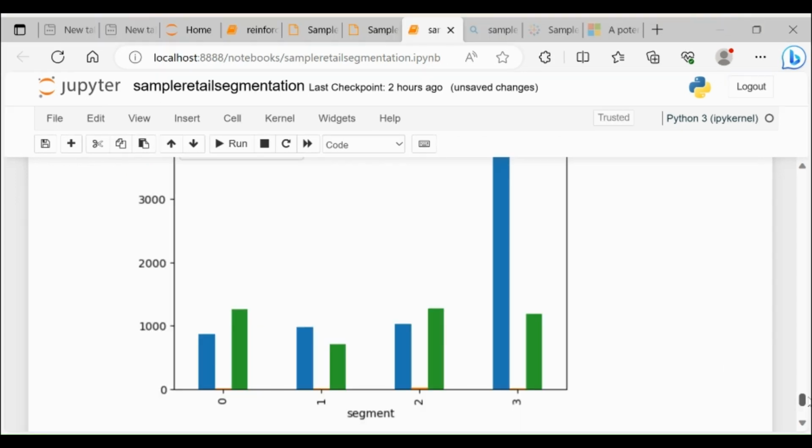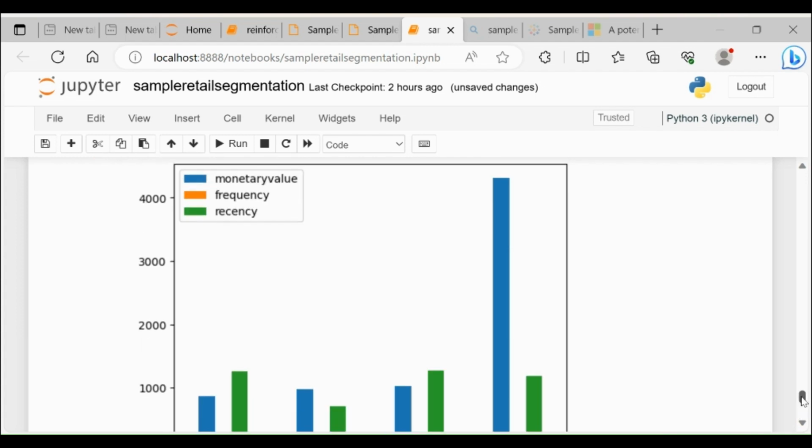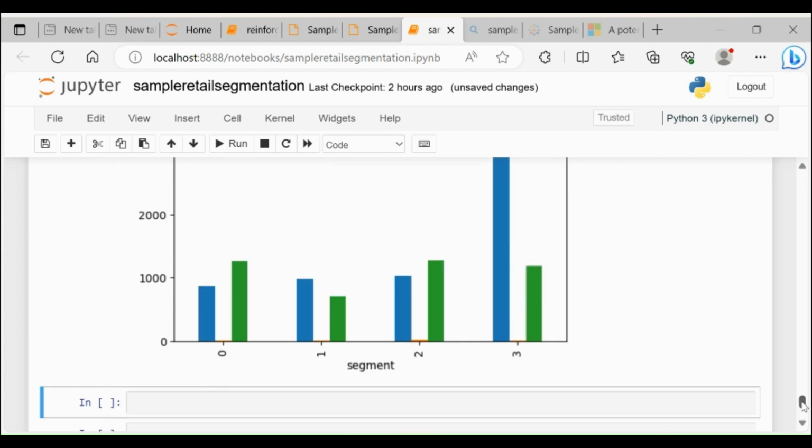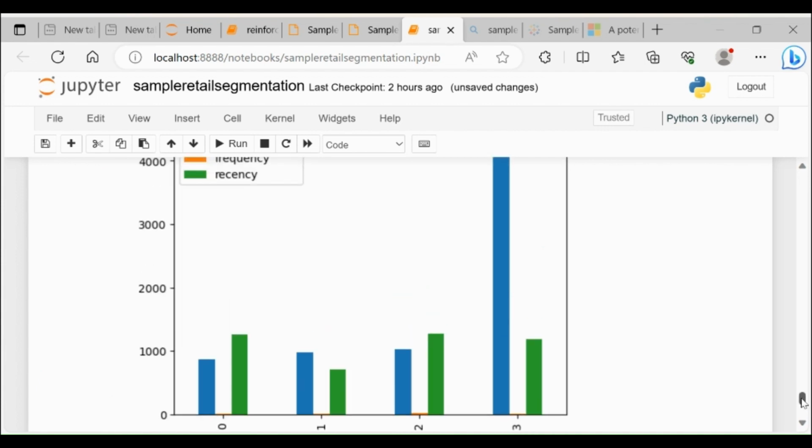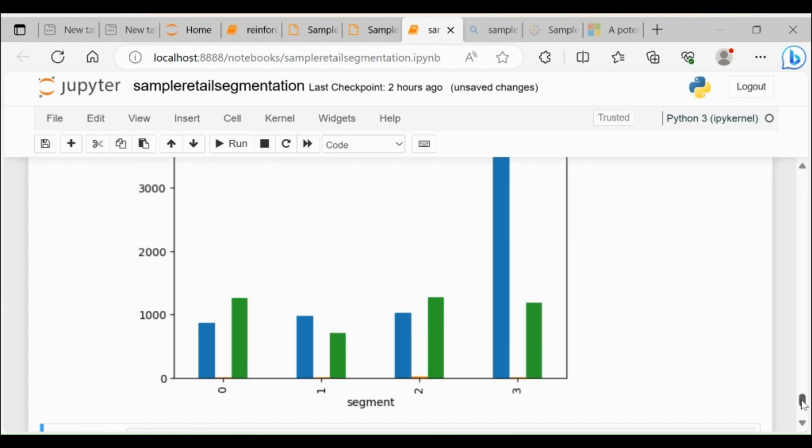So if we profile these segments, what we will see is that segment 3 has the highest monetary value. It also has the highest recency.